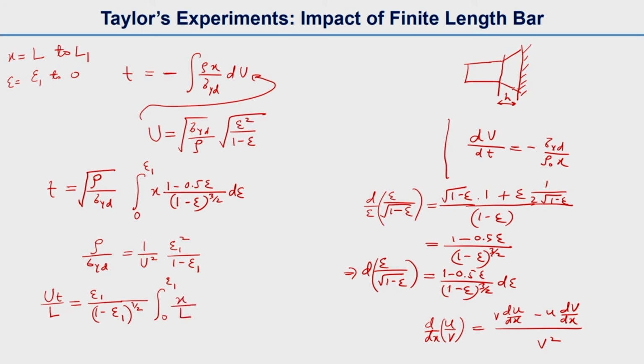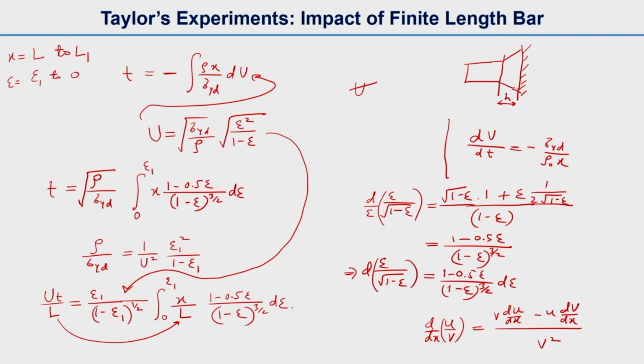L is coming for this L on the left hand side, and the u is nothing but also on the top. So okay, we already have that, sorry, so we don't need to write this u here. So this u will be coming that way, and this L is from here. So 1 minus 0.5 epsilon divided by 1 minus epsilon 3 by 2 d epsilon.